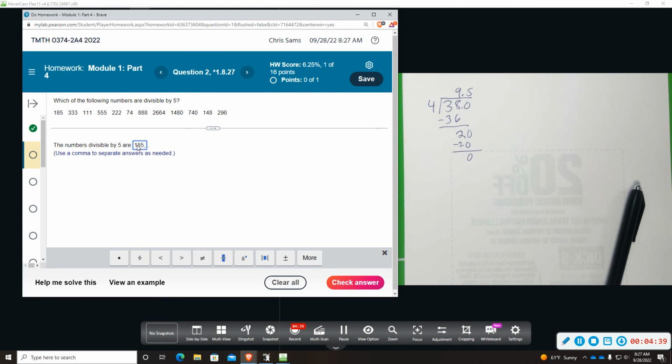I'm going to skip 333, skip 111, and then use 555. Then skip 222, 74, 888, 2664. 1480 ends in a 0. And then 740, 148, and 296. So these are the numbers that are divisible by 5.